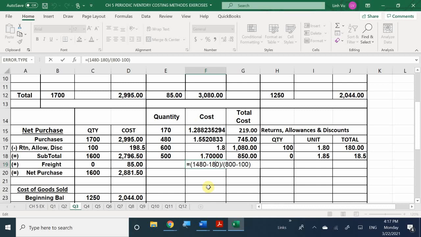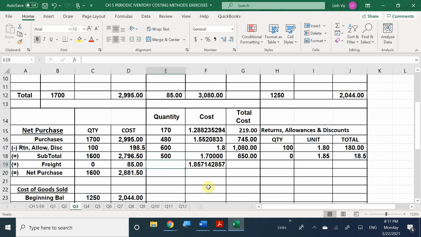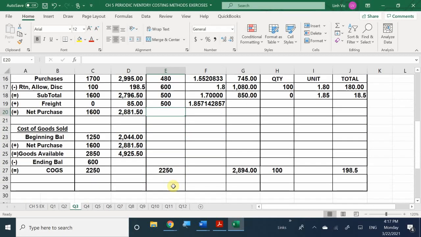Okay, I'm solving for my new quantity and I'm solving for my new total cost, and I'm dividing them by each other. Okay. All right, and we know that we have only 500 that we need to sell to get to 250, right?